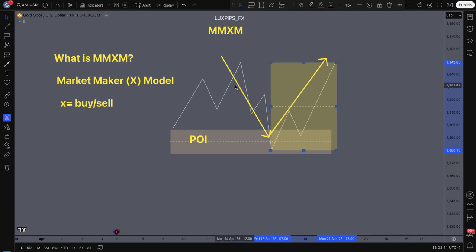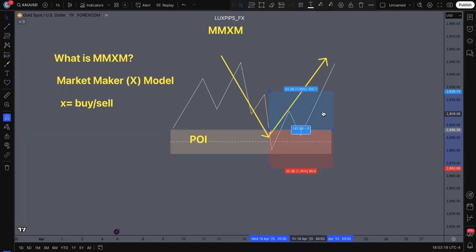Because if you're too early, let's say you got your POI, but you didn't let a structure form. Take all these little things out, and you just put a buy entry right into the POI, just like that. I'm sure most of you have seen the market do this.